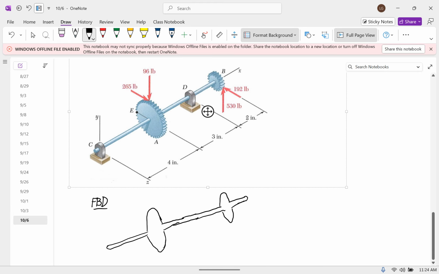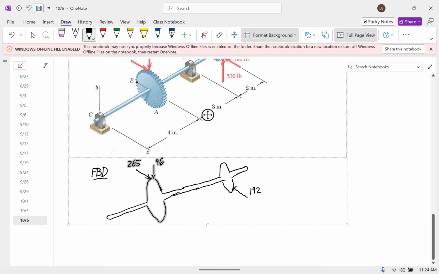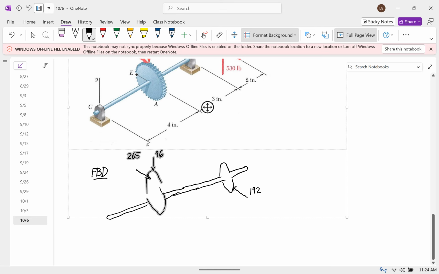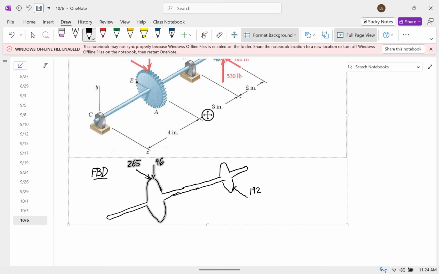And we have a downward force of 96. Horizontal force of 265. And here we have a horizontal force of 192, and a vertical force of 530.